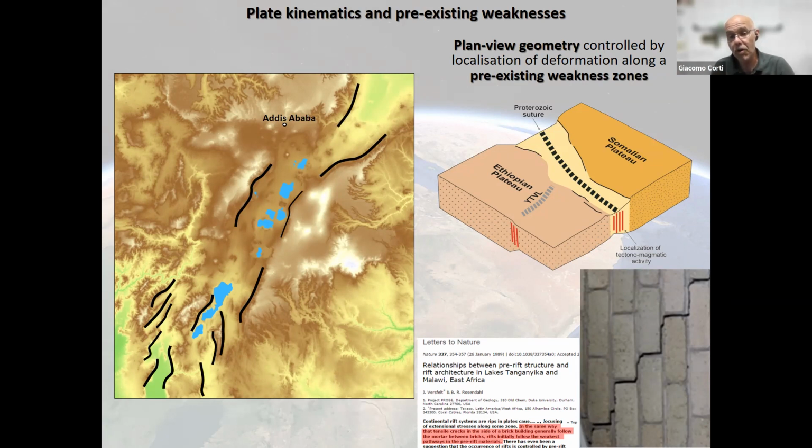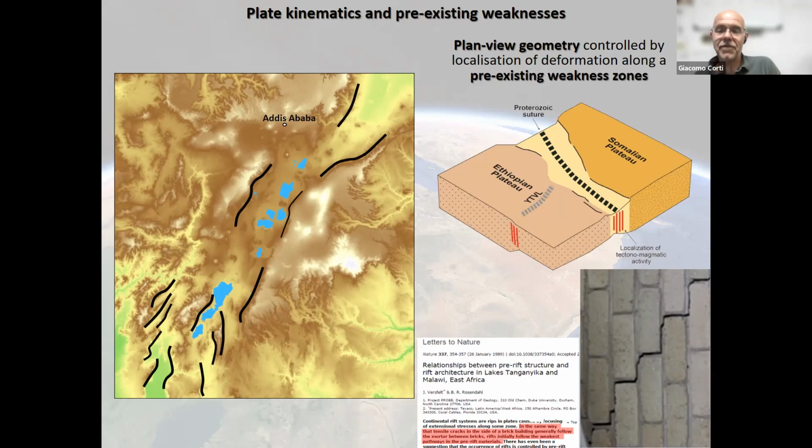So the deformation strongly localized in this weak zone, which is something typical for rifting in East Africa, but in general, and it is something that was recognized a long time ago, like here in the classic paper by Beresford and Rosenthal, which associated this to the rupture of brick buildings, where the tensile fractures tend to avoid the strong bricks and to localize in the mortar in between them.